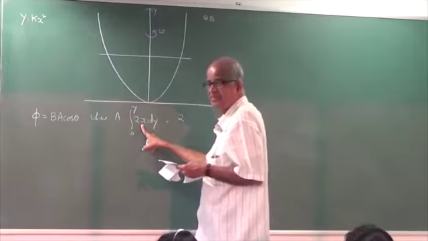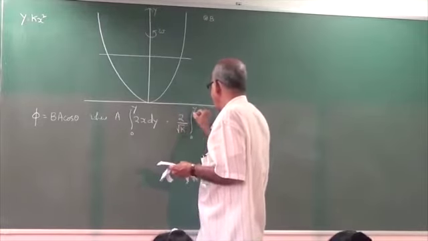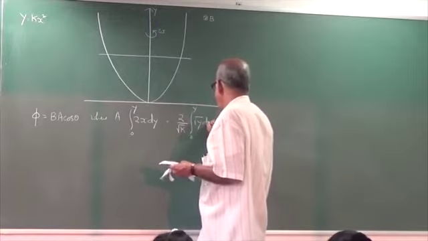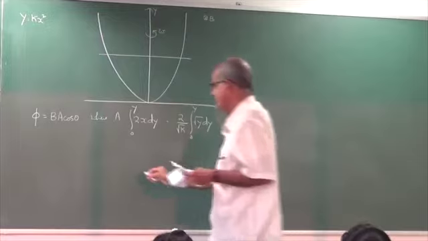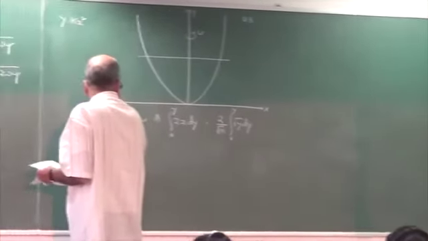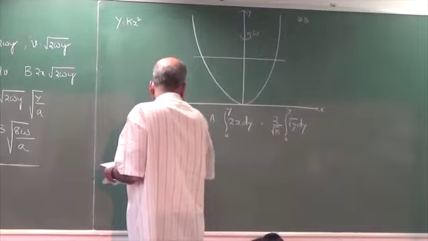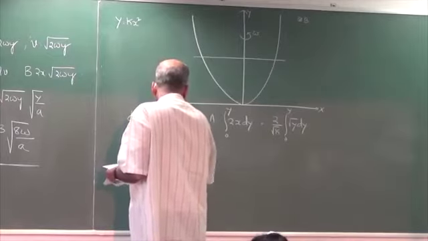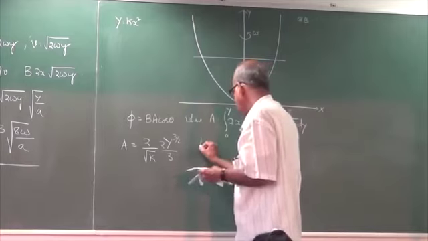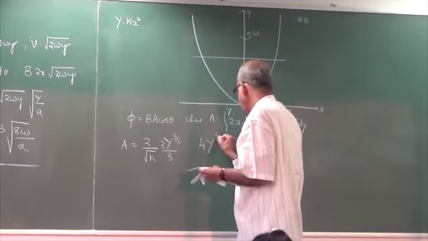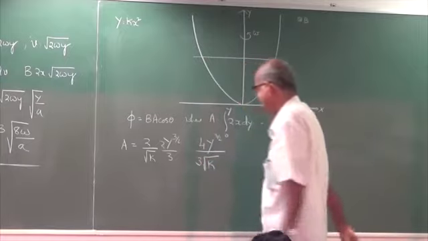Root y by root k, root y dy. Will you agree? Or A is 2 by root k, root y is y power 3 by 2 by 3 by 2, which you can write as 4 y power 3 by 2 by 3 root k. Will you agree?